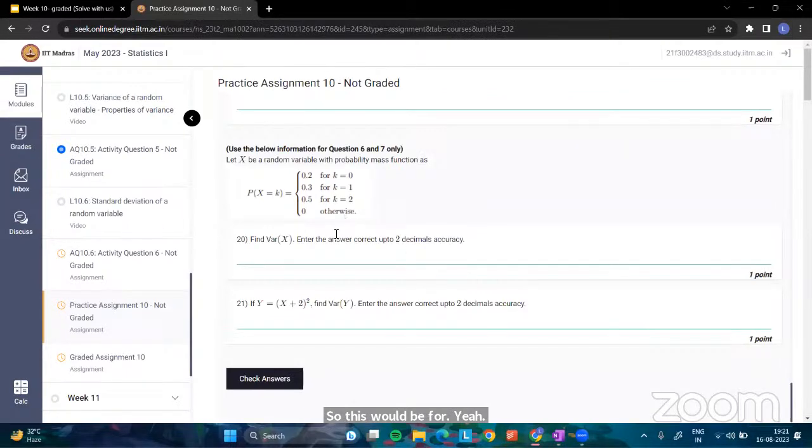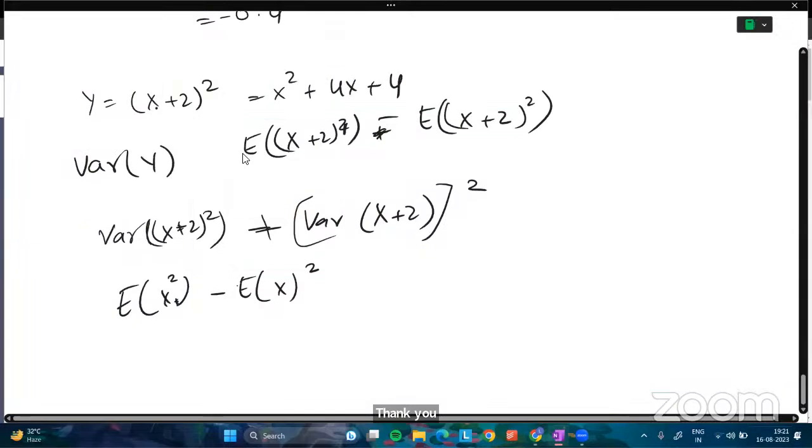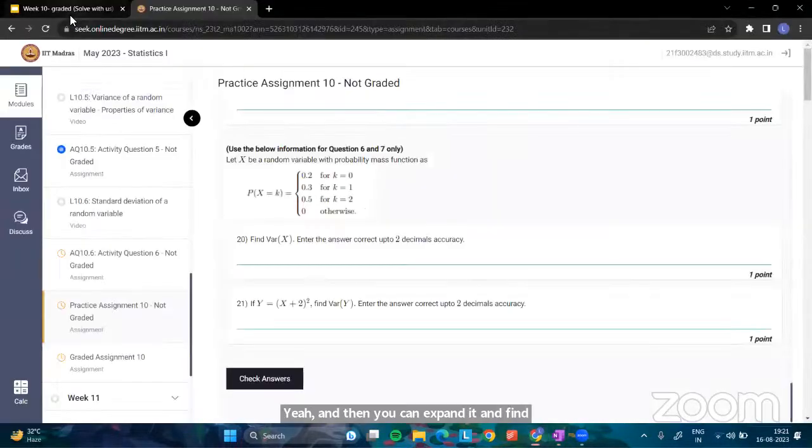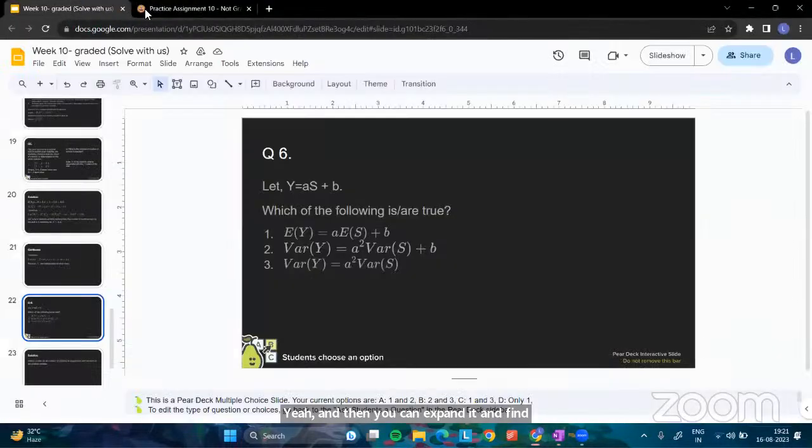Okay, ma'am. Thank you. Yeah, we're converting it into expectation because then we don't have to worry about it being dependent. Then you can expand it and find it. Anything else? No, ma'am.